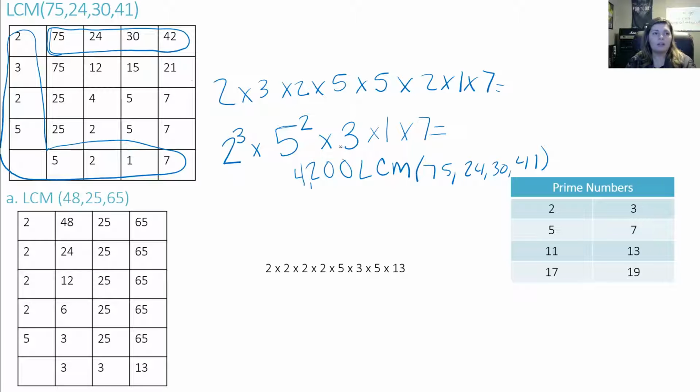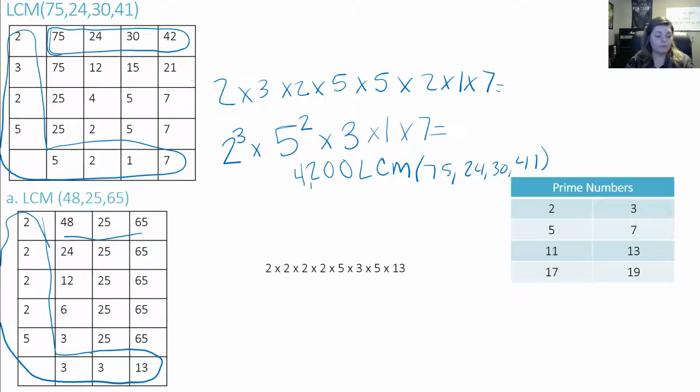So moving right along, looking at our next one here again, I have it worked. If we were in a classroom, we'd work it together, but that's okay. So again, we're wanting to find the least common multiple of 48, 25, and 65. Put those numbers here. And then we solved down to finding these numbers here, which are the lowest prime numbers that we can get them to, the most distinct prime numbers down to ones.